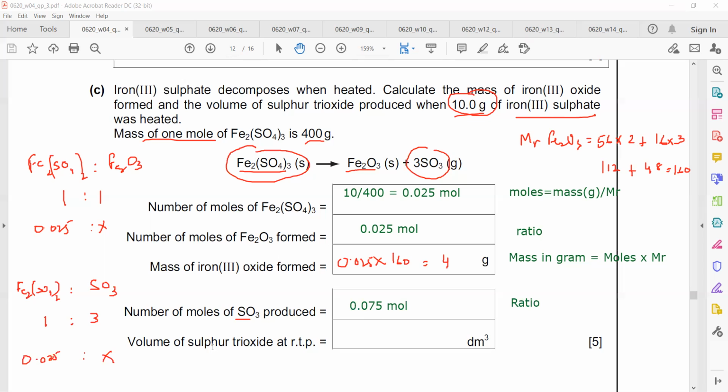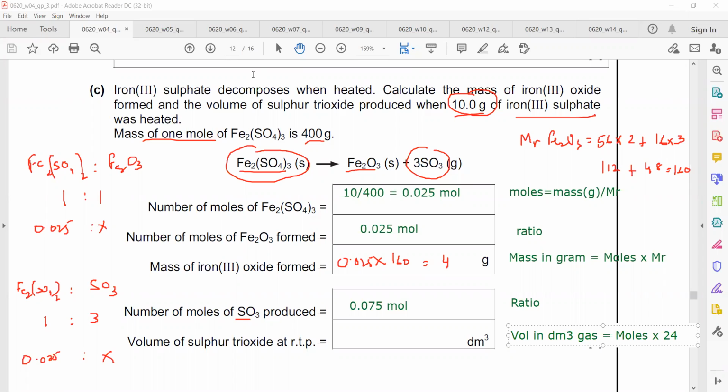And then for sulfur trioxide, we need a volume. So how to get a volume from the moles? The volume of a gas in dm cube is equal to moles multiplied by the molar volume, which is 24.